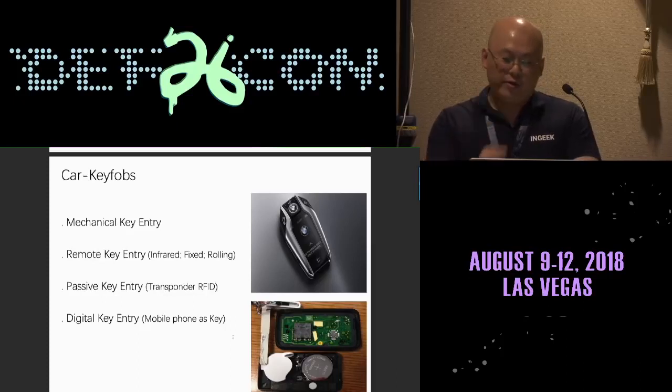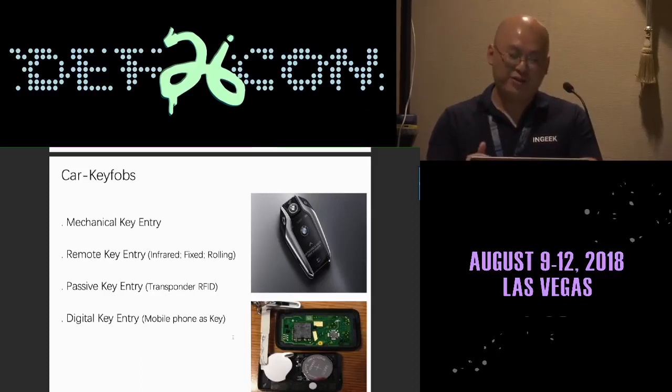And in order to pivot to do some authentication, they also implemented something called RFID. They put an RFID chip inside your car keys, and then there's a new game changer coming in.